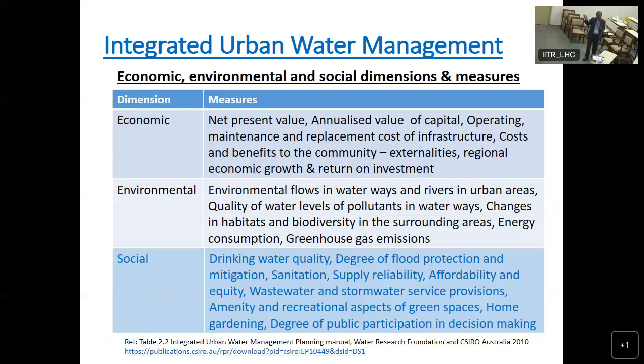And how the social scientists try to put those values is basically talking to the community and asking them, okay, if you have to pay, say for example, 100 rupees additional tax, will you be happy for it? Someone will say, oh, I'm happy to pay even 200 rupees per month. Someone will say, I'm happy to pay only 50 rupees, based on their own thinking.